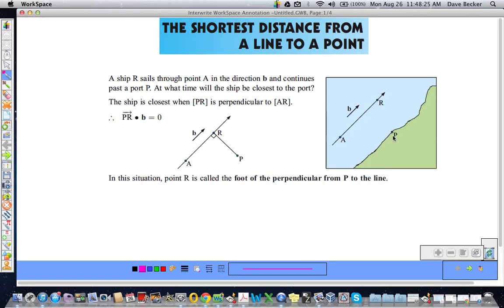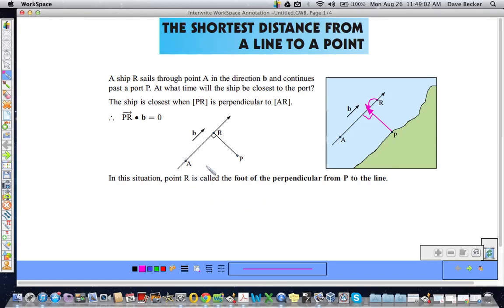Well, the ship is closest when the vector PR, now R is over there now, but let's assume that it was closest when, here we'll go pink, PR, right there, was perpendicular to vector AR. In other words, when the ship was right there, that's when the ship was closest to the port. But it just kept on chugging away. And that's what this drawing is all about.